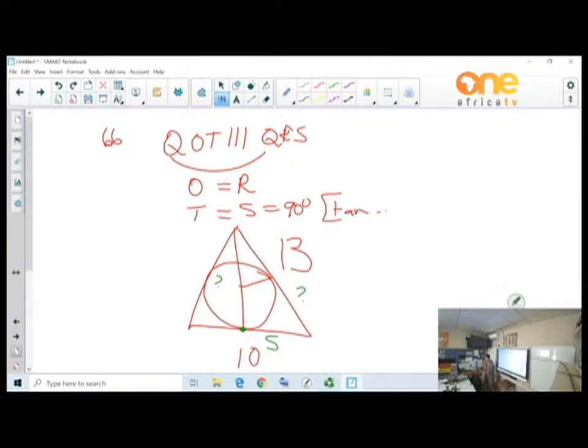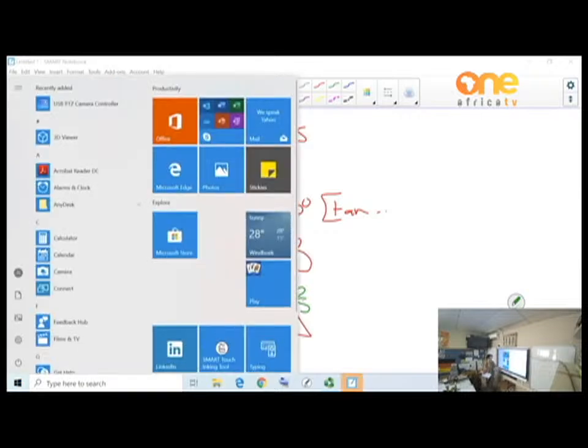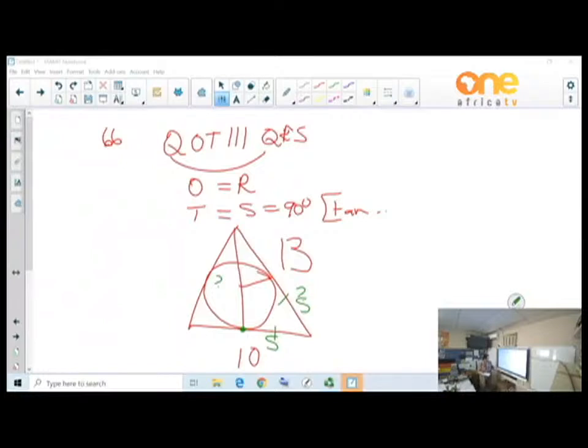This one is also 5 because 2 tangents from the same point are equal. It's not 6.5, which is what the learners tell me, half of 13. No, 2 tangents from the same point are equal. So this one will be 8. And what about QS?